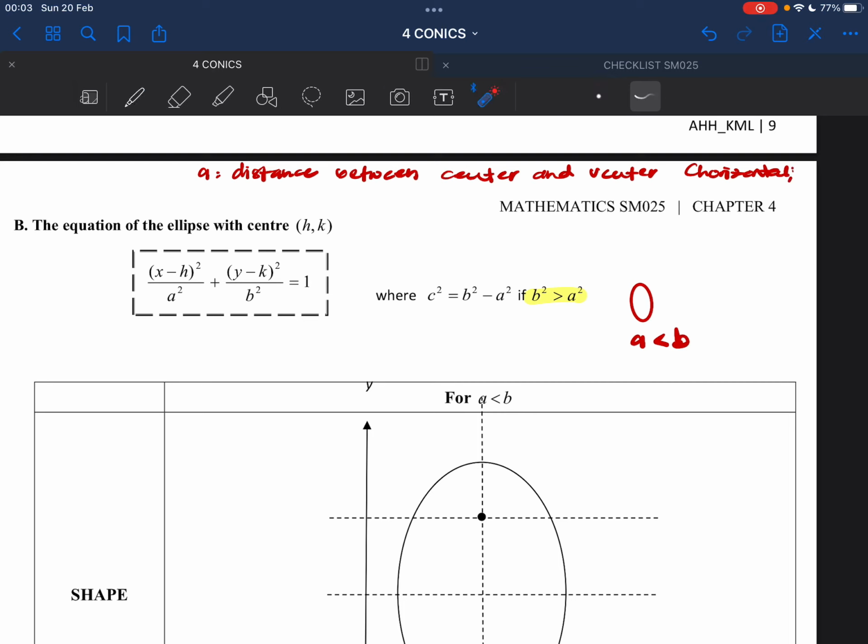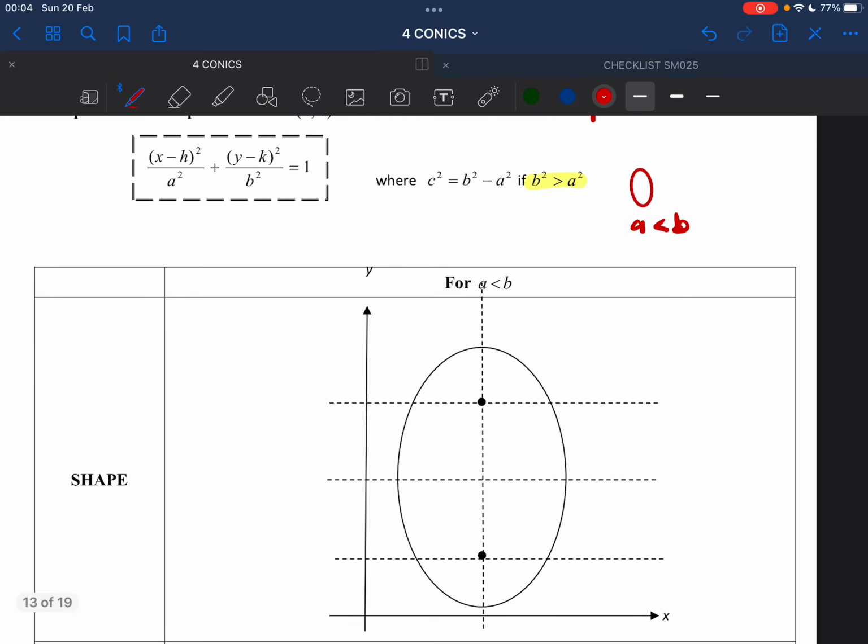Then b is the distance between the center and vertex for the vertical shape, so here it is always going to be b. And the last one is c, the distance between the center and foci. So that is 3 things that you have to know: a, b and c.